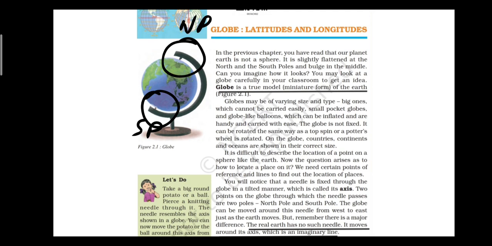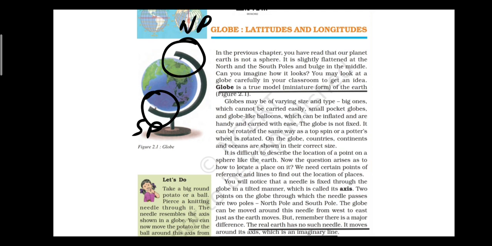In the figure 2.1, you can see there is an image of a globe. So, a globe resembles the Earth. It is just that it is a small or a miniature form of the Earth. The globe looks exactly like the Earth.